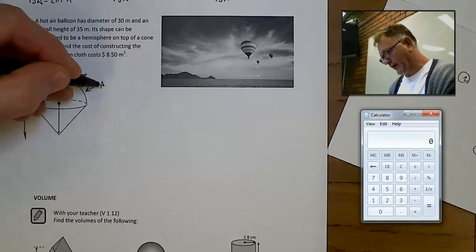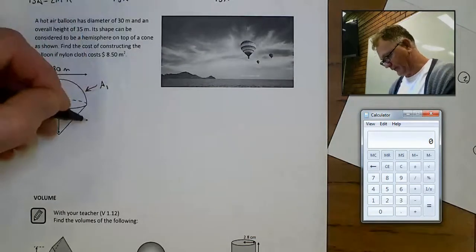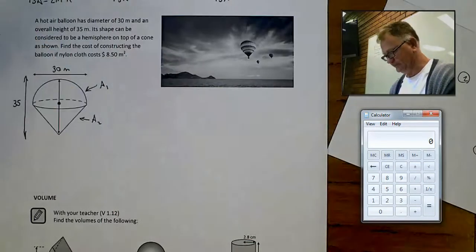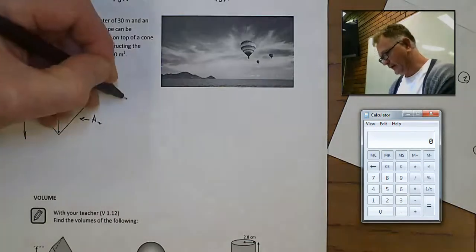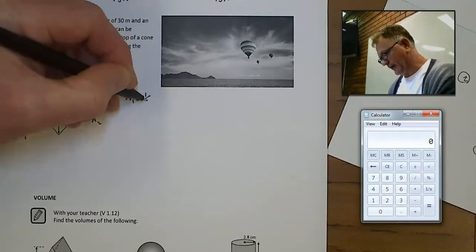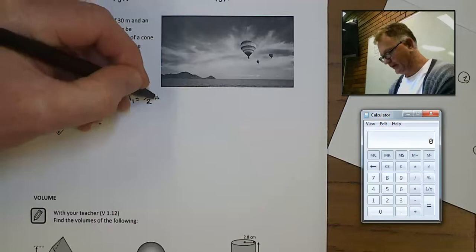I'm going to call the hemisphere, the half sphere, area 1, and I'm going to call the conical bit area 2. So area 1 is half a sphere. I'm going to get the formula for the surface area of a whole sphere, and then I'll times it by half.